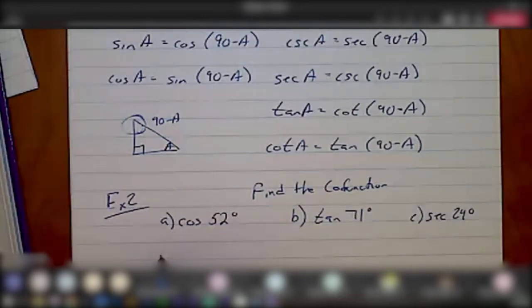So sine equals cosine of 90 minus, I'm sorry, scratch that. I did that wrong.